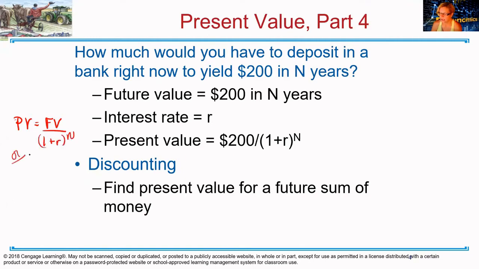Or what we can say is the present value is equal to the future value times 1 plus the interest rate to the negative nth. It's doing the same thing. So this is the reciprocal, if you will, of the future value factor.